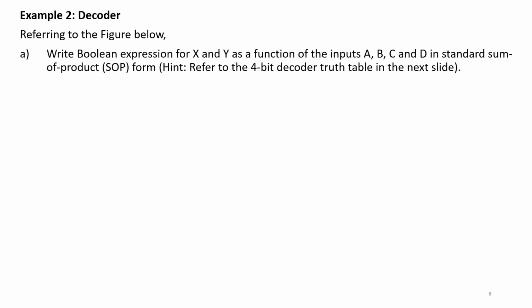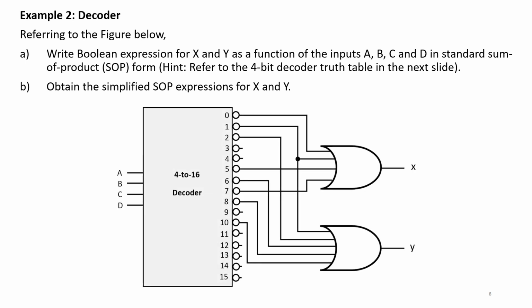Let's look at example 2 for decoders. Referring to the figure below, write the Boolean expression for x and y as a function of inputs a, b, c, d in standard SOP form, and obtain the simplified SOP expressions for x and y. So this is our circuit from the 4 to 16 decoder. There are 2 additional OR logic gates connected, and we need to find x and y.